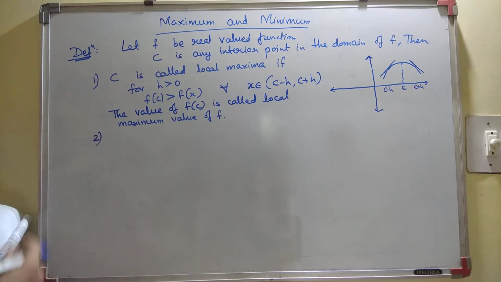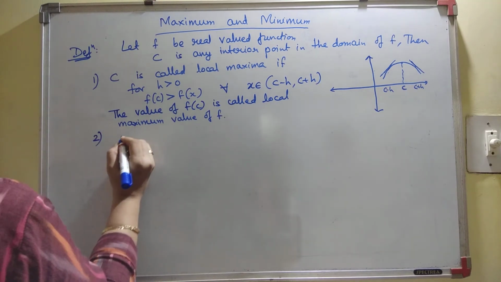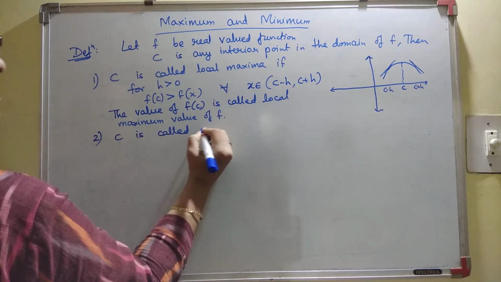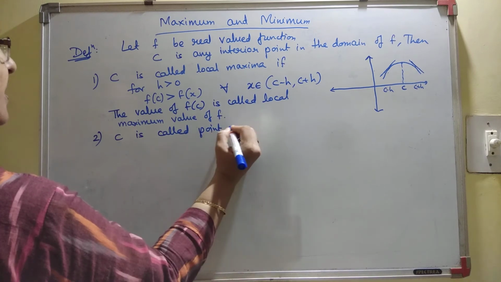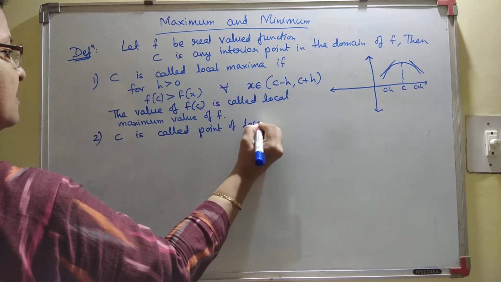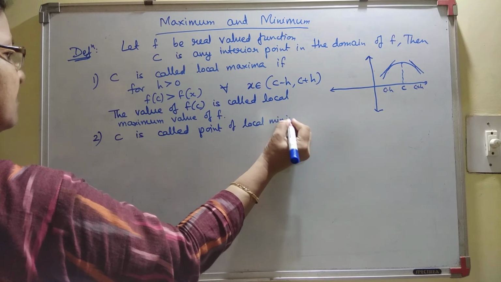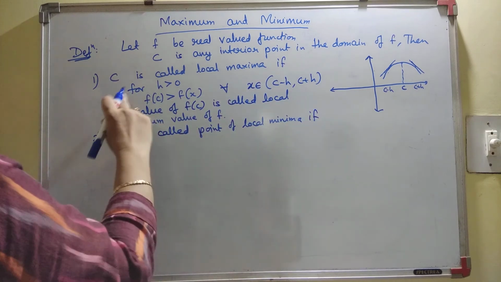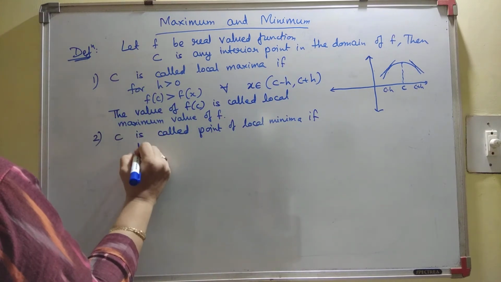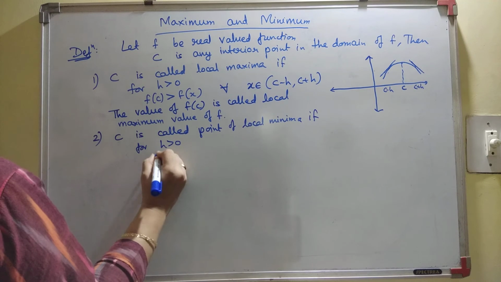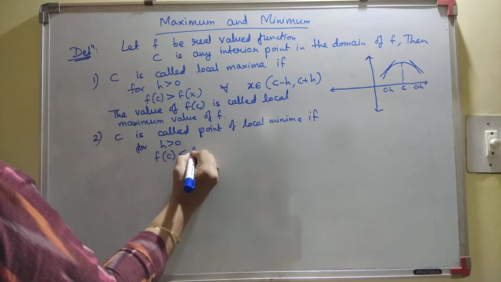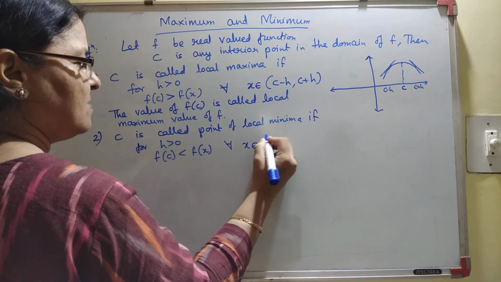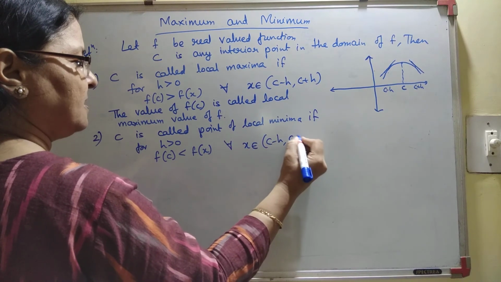Second, C is called a point of local minima if, for h greater than 0, f of c is less than f of x, in the same interval, for all x belonging to (c minus h, c plus h).